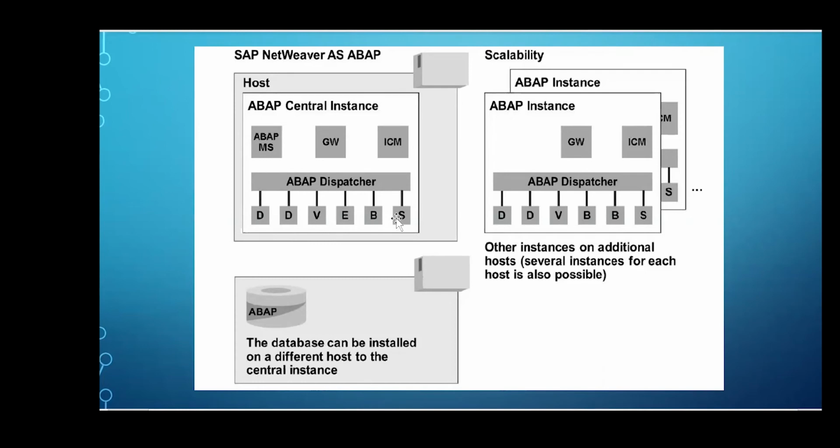Yeah, dialog work process and then update, enqueue, background and then spool. Good. So you are aware of this, right? Fine. And what about this MS, GW, ICM? Gateway and then ICM. I don't know the abbreviation.